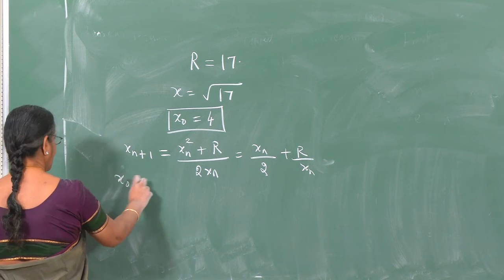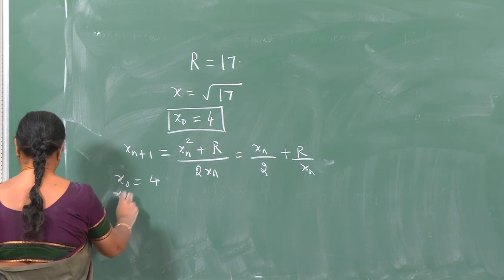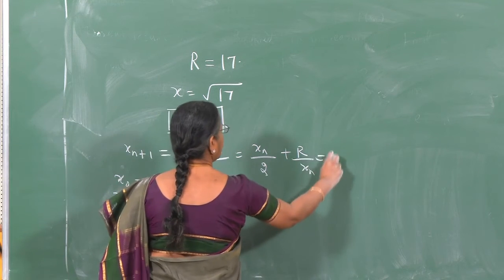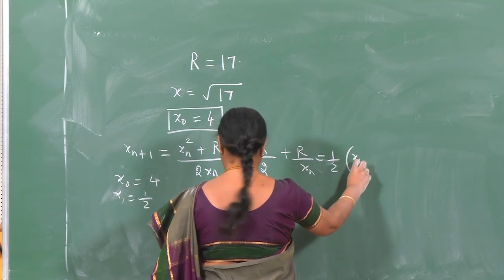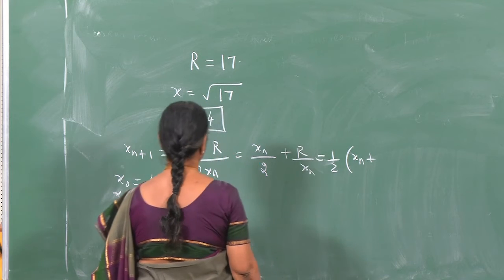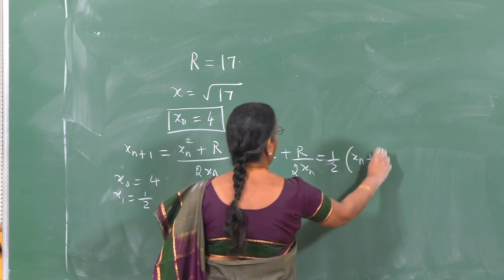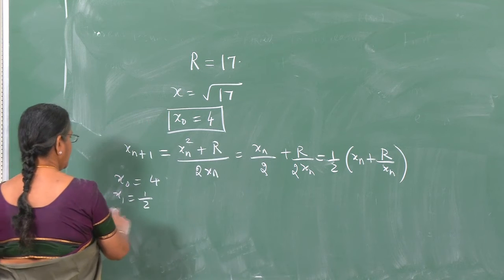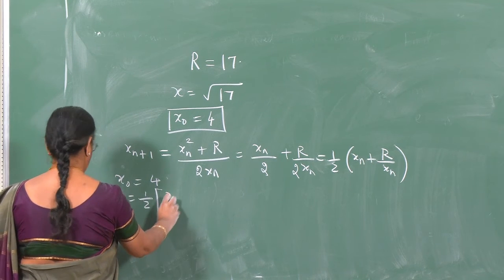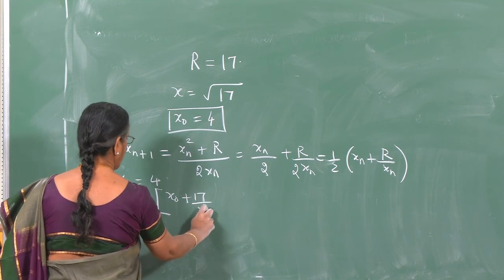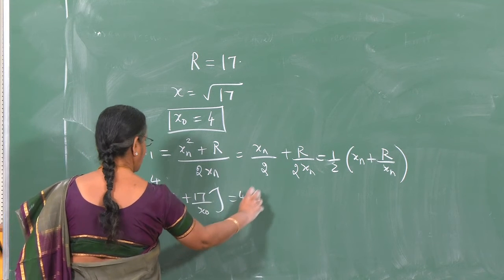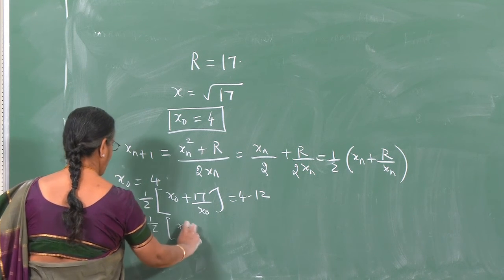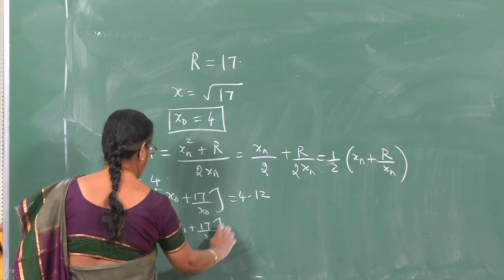I start with x naught, which is 4. So, my x 1 will be half of (x naught plus r by x naught), that is half of (x naught plus 17 by x naught), and that gives 4.12. x 2 is half of (x 1 plus 17 by x 1).